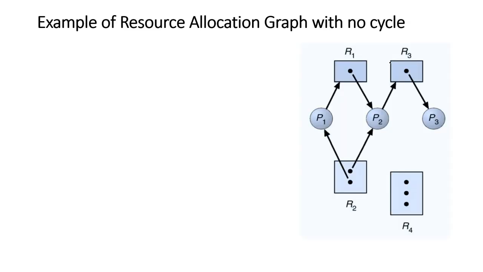Let's have an example of a resource allocation graph. First of all, we will see a resource allocation graph with no cycle. Here in this case, you can see there are four resources R1, R2, R3 and R4, and three processes P1, P2 and P3.